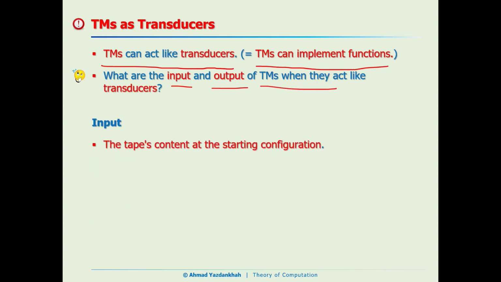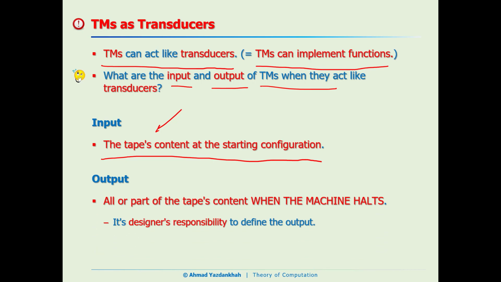So the input is whatever we put on the tape. All of the content of the tape can be considered as the input. What about the output? All or part of the tape's content when the machine halts. This is a very important point. The machine should halt.